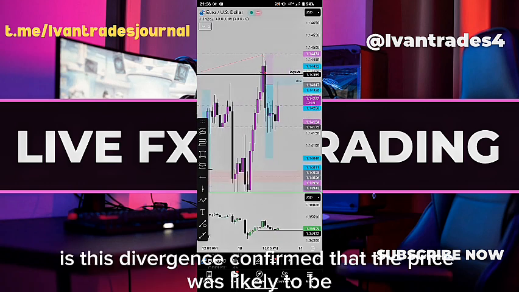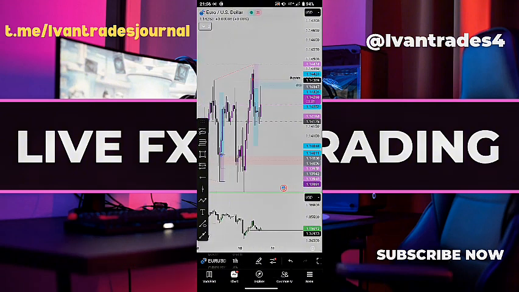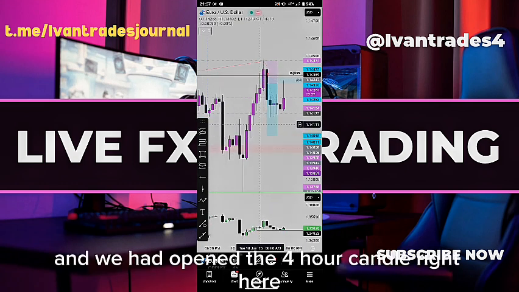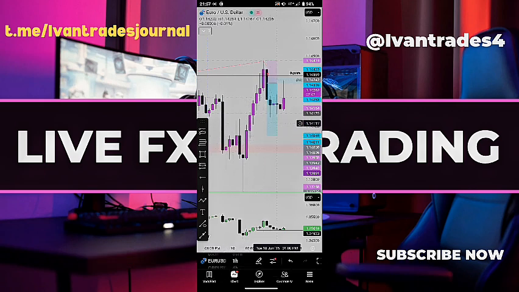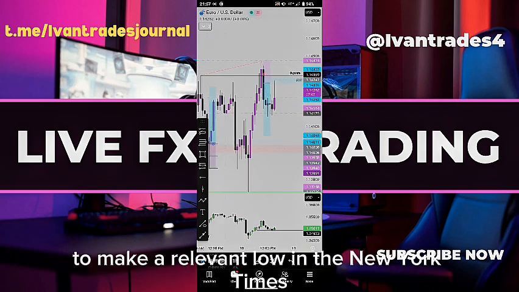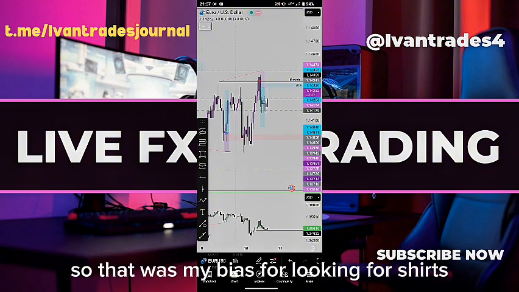This divergence confirmed that the price was likely entering a retracement phase, and we had opened the 4-hour candle right here, and it opened high without forming a relevant low. I expected the price to return to make a relevant low in the near term, so that was my bias for looking for shorts.